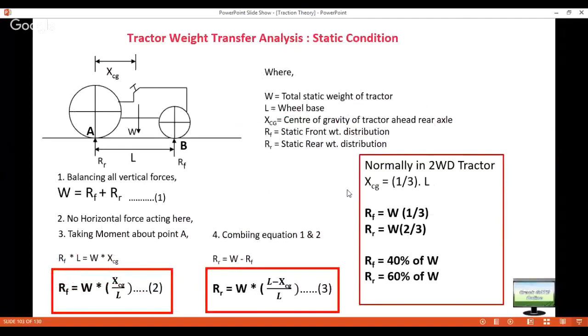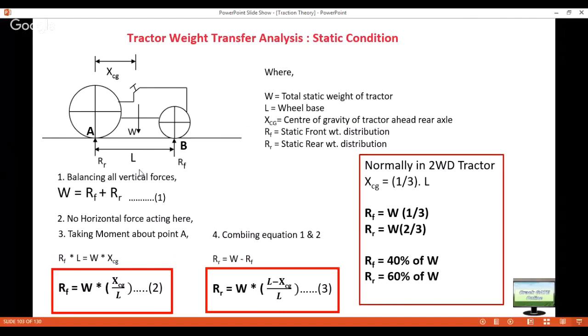Okay guys, after that, in our weight distribution or tractor dynamics series, we have seen stability in the static weight distribution. In this case I told you RF is the front support and RR is the rear support. Whenever any tractor is being made in any company, initially you have to determine the center of gravity location, and you have to arrange the weight of your tractor in such a way that more weight comes on the rear and less weight on the front.